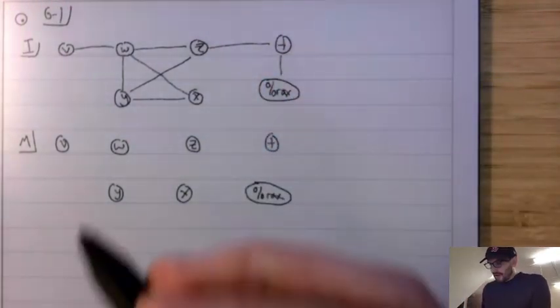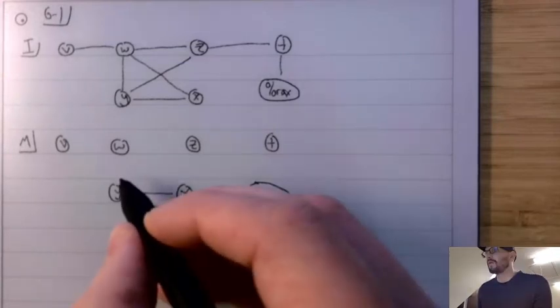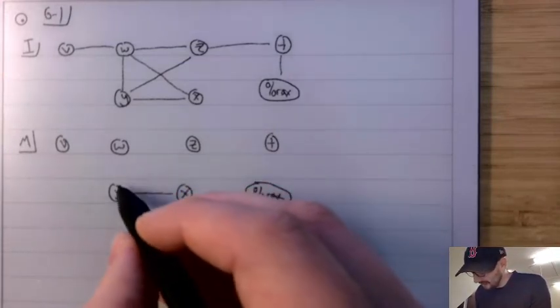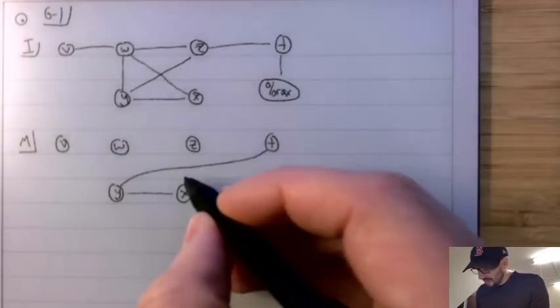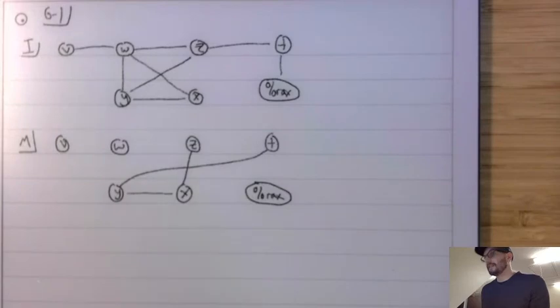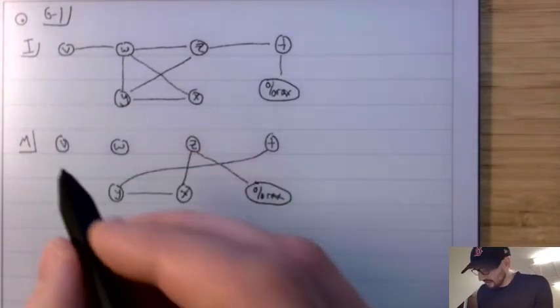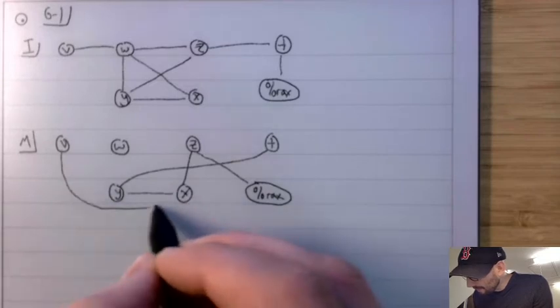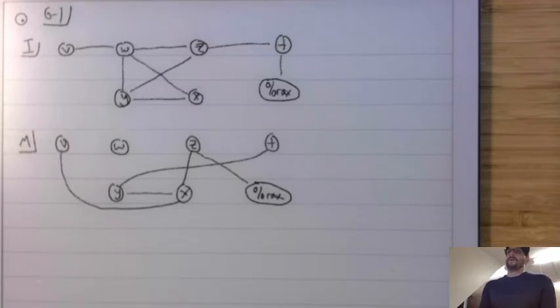Now our move graph, we have Y is connected to X, Y is connected to T, there. X is connected to Z, Z is connected to RAX, and then V is connected to X as well. Okay, so here's our graph right here. All right. Now, what is it that we want to do?